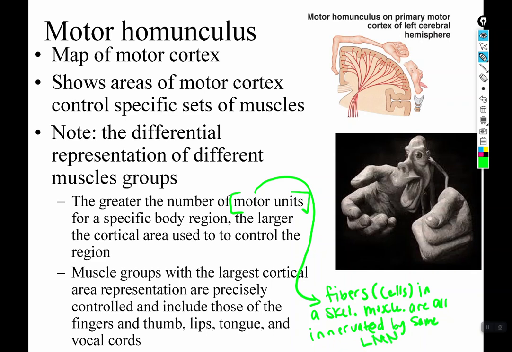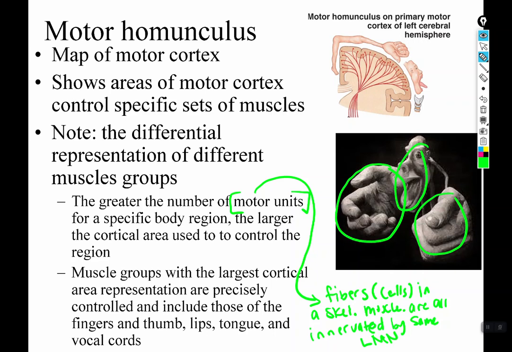So the greater the number of motor units, the larger the cortical area is. So we can assume by that the hands and the face have lots and lots and lots of motor units, and then the legs, arms and feet, and the trunk have very few motor units. So that's what this homunculus is demonstrating.